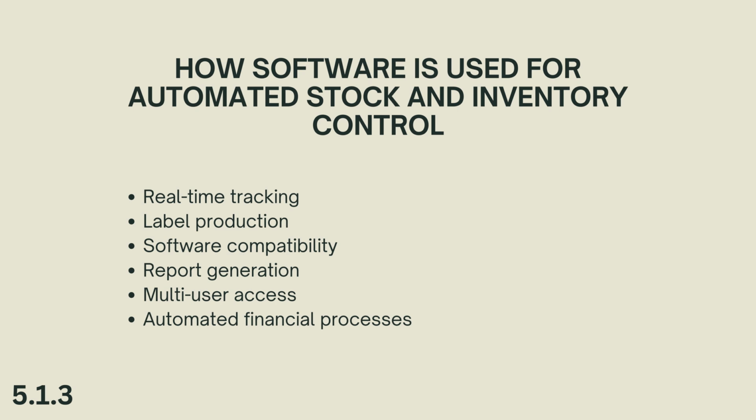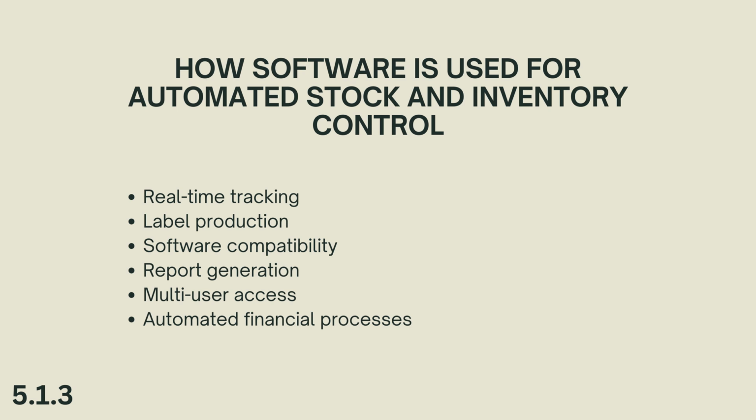Software compatibility. Many of these systems can integrate with other software programs, such as spreadsheets, allowing for in-depth analysis of sales and production data. Report generation. Automated reports can be produced, saved, shared, and printed, providing valuable insights to decision makers. Multi-user access.